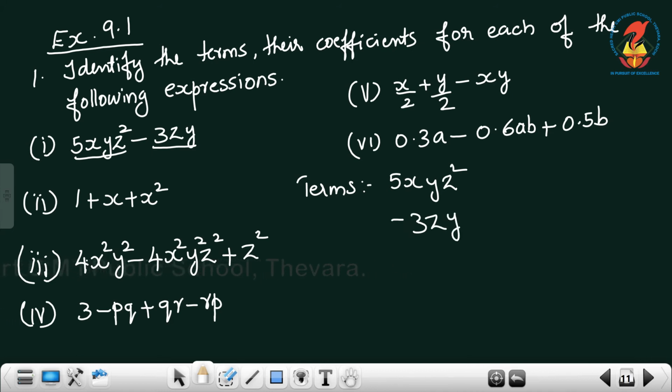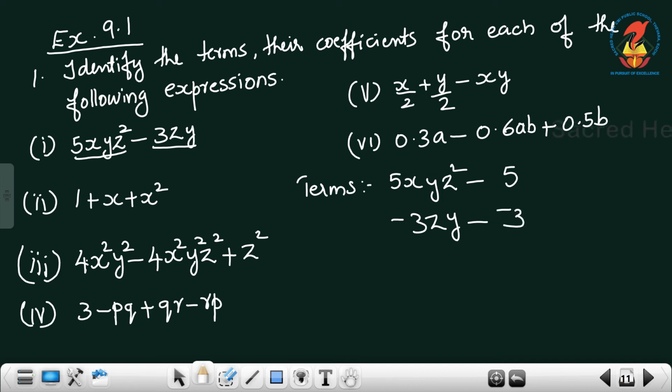What is the coefficient of 5xyz square? This is a numerical factor, so 5 is the coefficient. What is the coefficient of minus 3zy? Negative 3 is the coefficient.